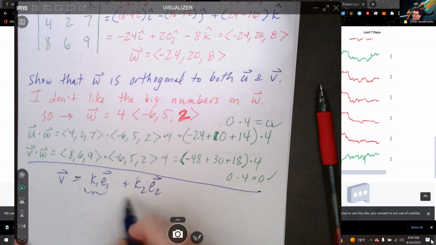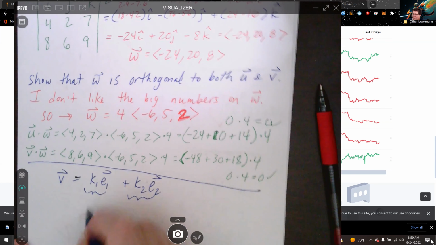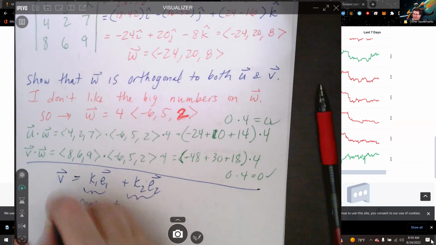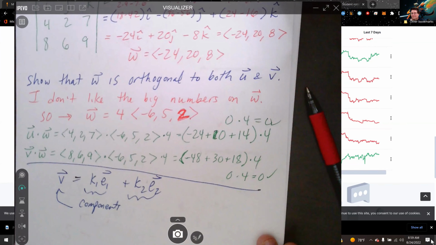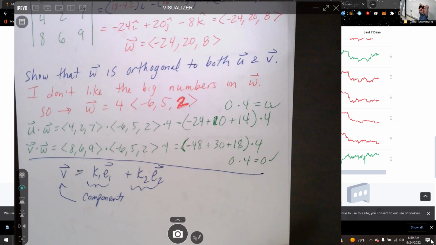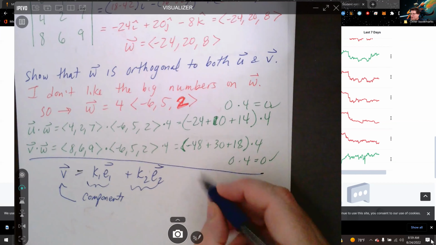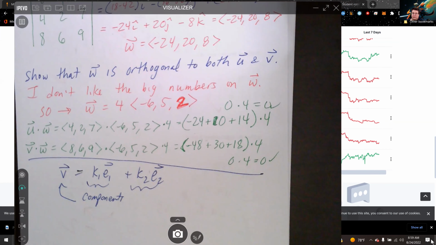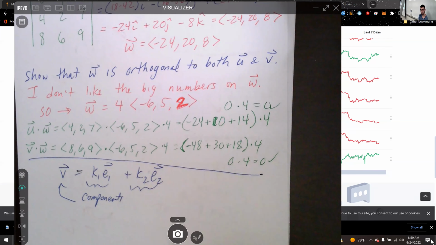These two are components when you add them up, they're also called the components of V. That's another use of the terminology. Okay, so what they're asking you to do is break up V into two orthogonal vectors. Yeah, the sum of two orthogonal vectors. Okay.